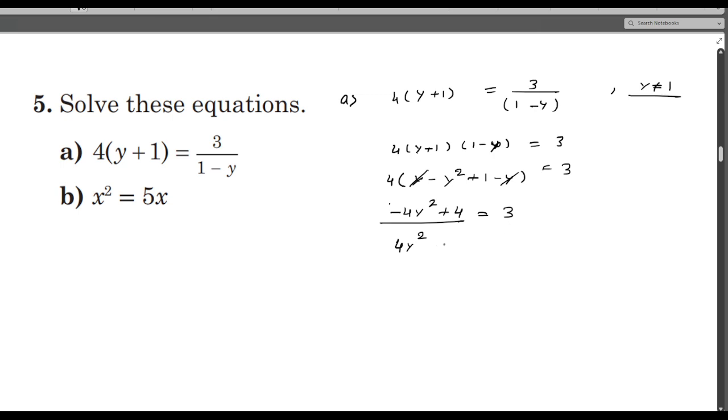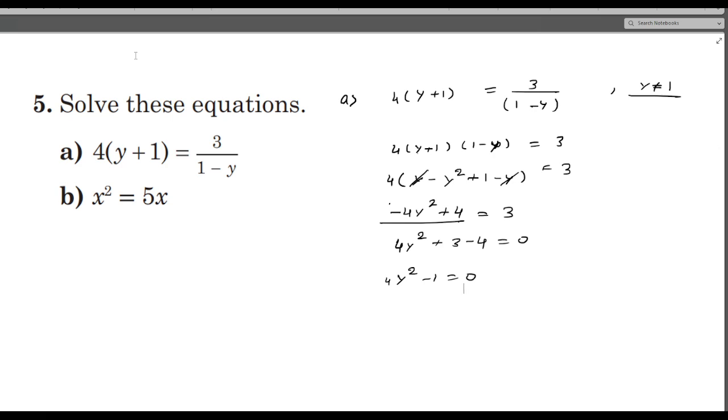Then on the right side it is plus 3, and when this 4 is moved to the right side, it is minus 4 equals 0. So your 4y square minus 1 is 0.